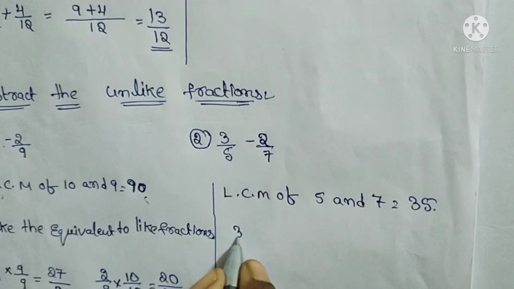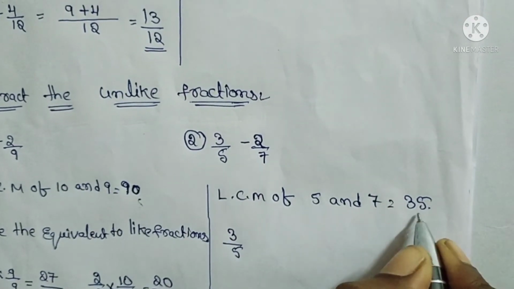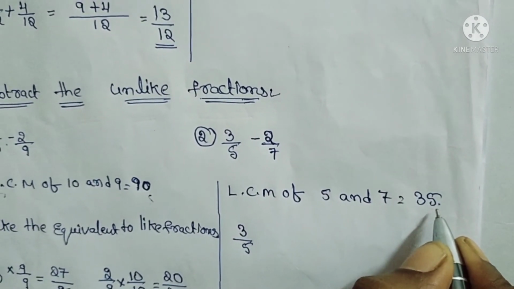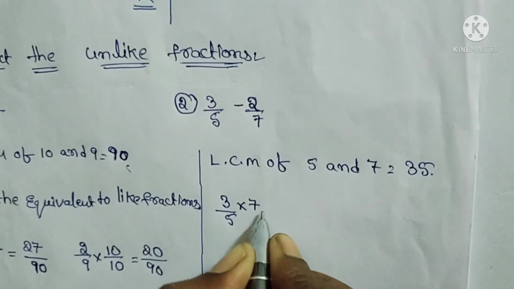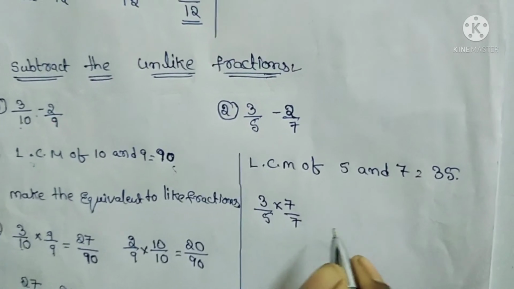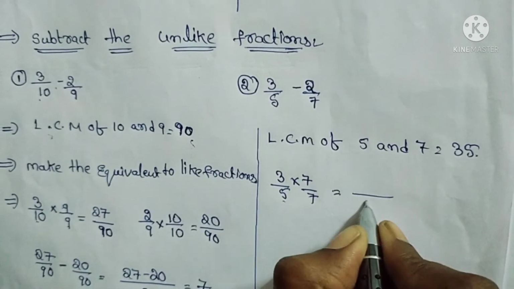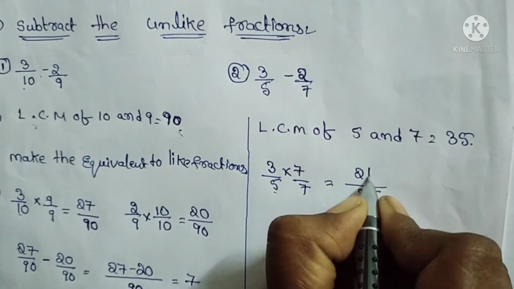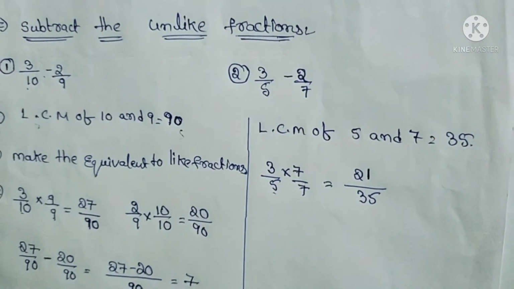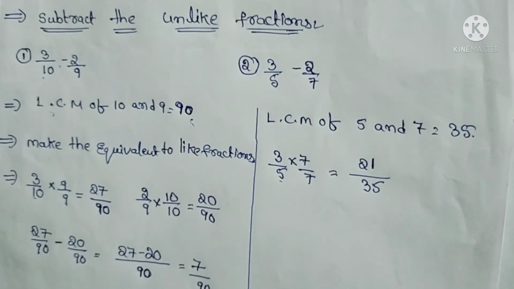So 3 by 5, the denominator is changed into 35. We multiply by 7 by 7. 7 fives are 35, 7 threes are 21.